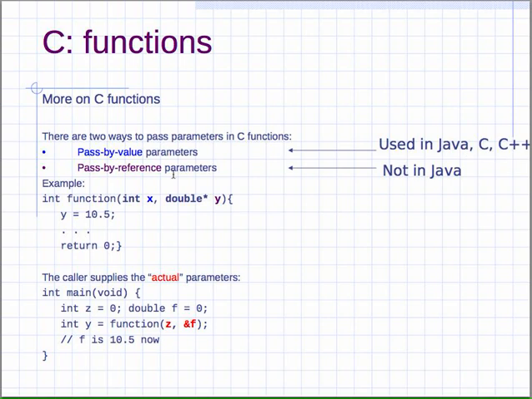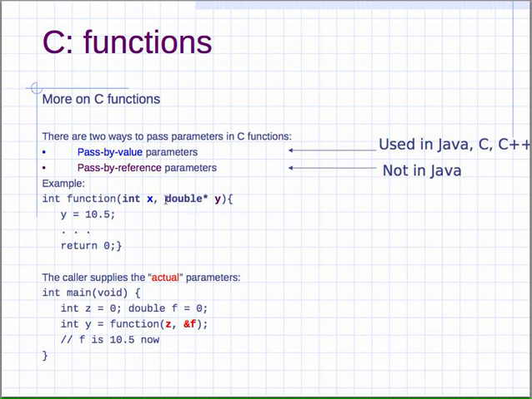But in C, unlike Java, you can pass pointers, and so we can say that when you pass a pointer by value, it's sort of like passing by a reference. So strictly speaking, only C++ has pass by reference.